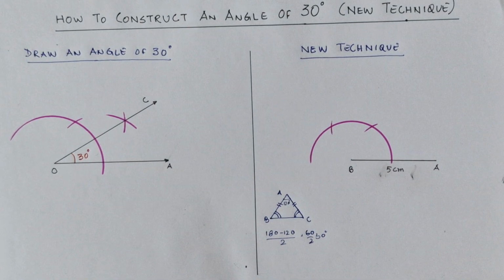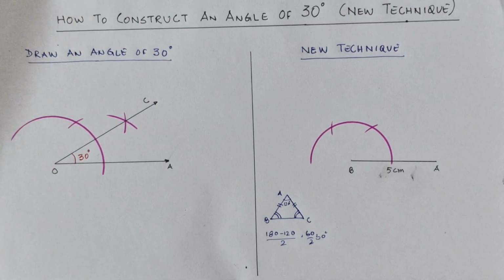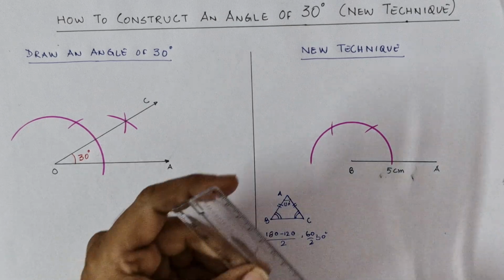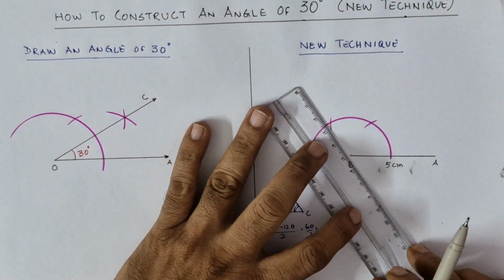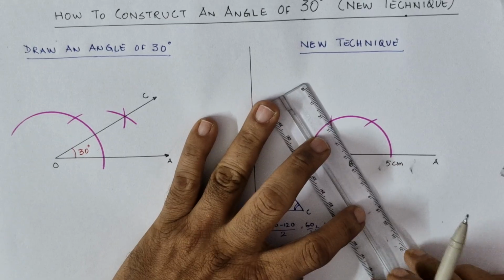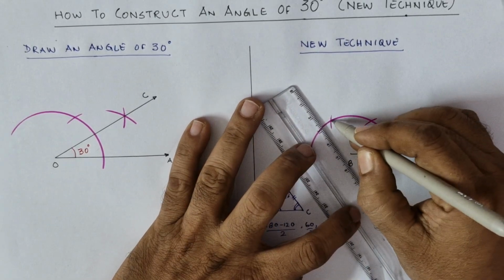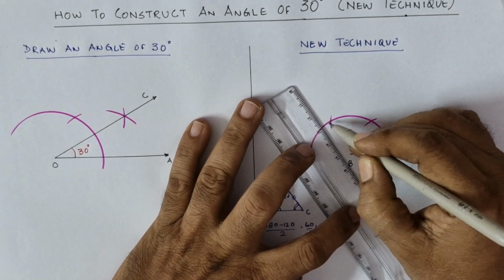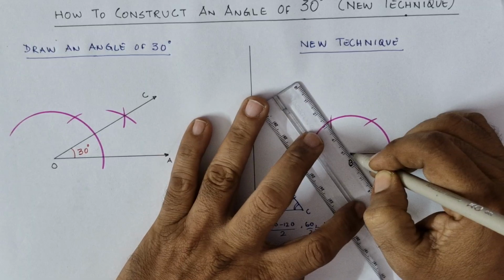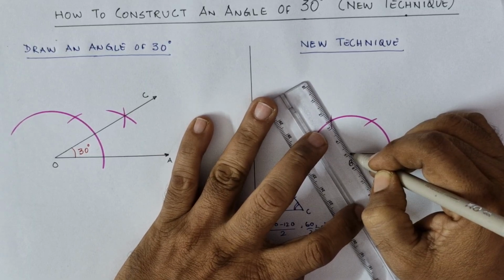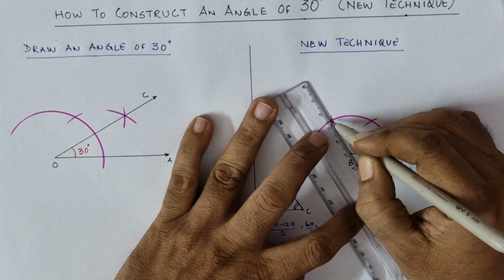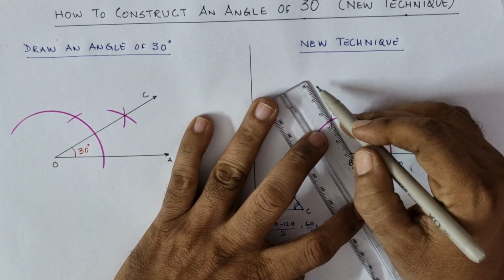Now we'll join it and extend it, but for how much? See, this is 5 centimeter, so we'll draw a 5 centimeter line segment. We'll mark this point, and we will just draw a line segment of 5 centimeter.